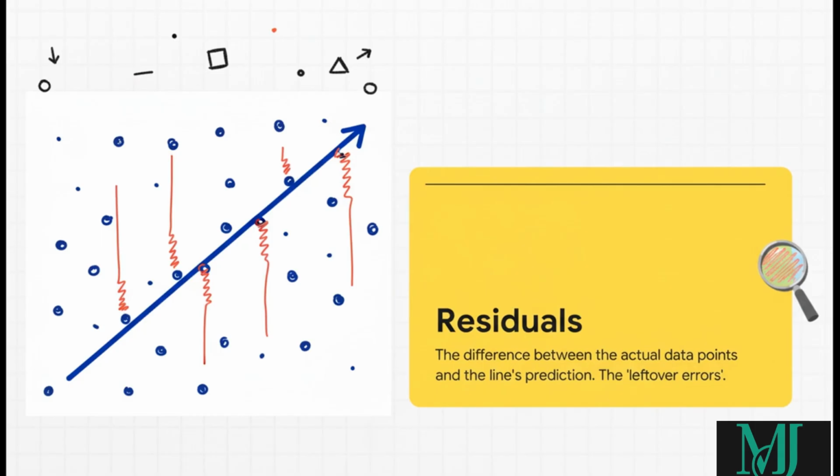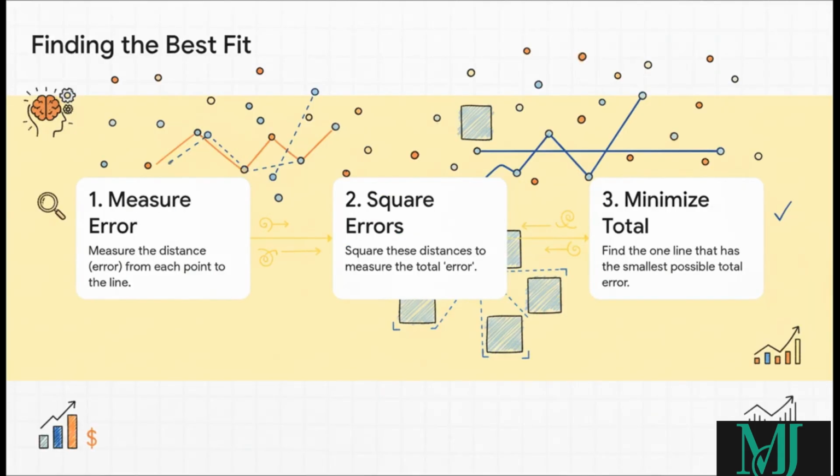The whole secret to this is a little thing called a residual. And all that is the distance between a real data point, what actually happened, and where our line predicted it would be. You can just think of them as the little leftover errors for every single data point. The process itself is actually brilliant in its simplicity. First, the machine looks at every single data point and measures that error.